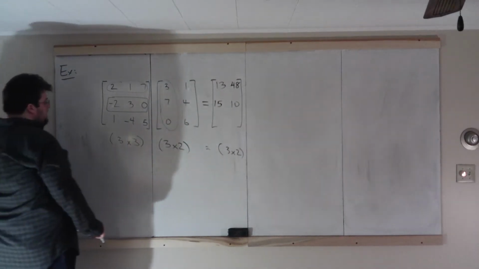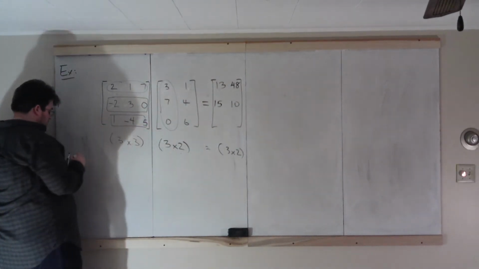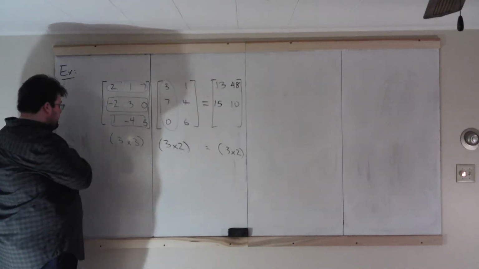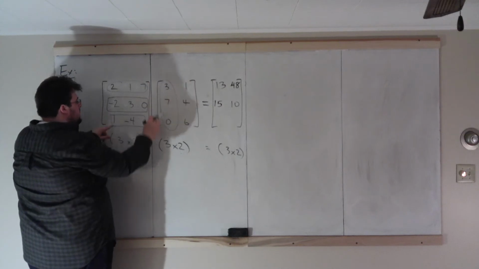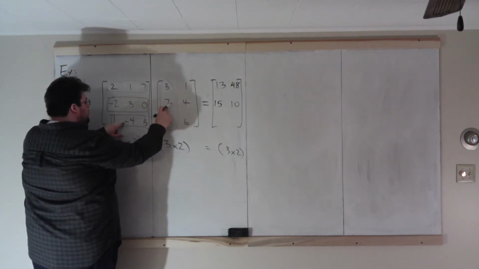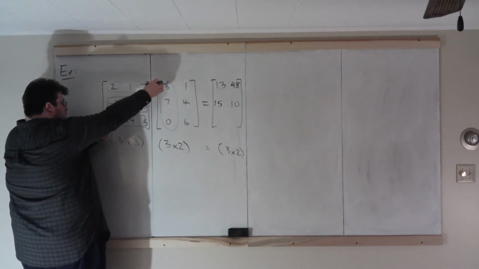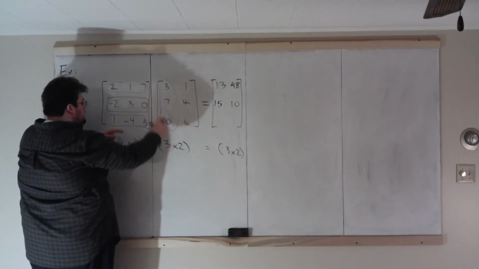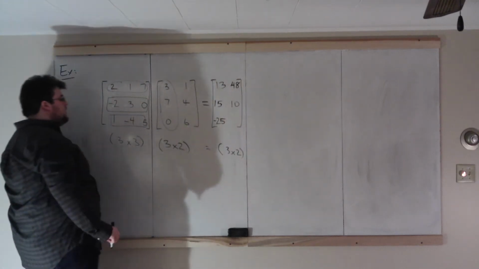And finally, we have this last row. So what do we have here? 1 times 3 makes 3. Negative 4 times 7 makes negative 28. 5 times 0 makes 0. So we have 3 minus 28 plus 0. 3 minus 28, negative 25.